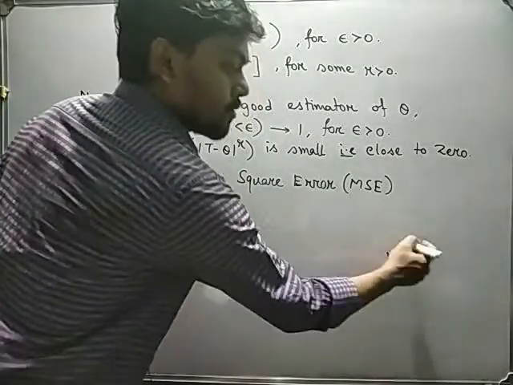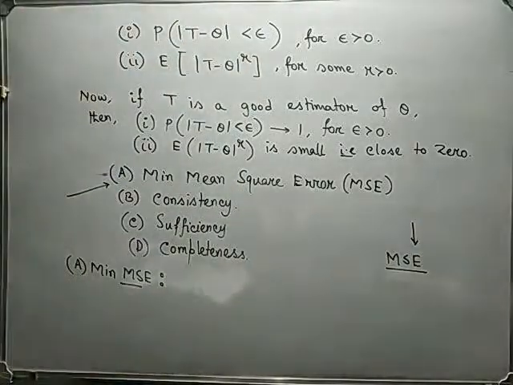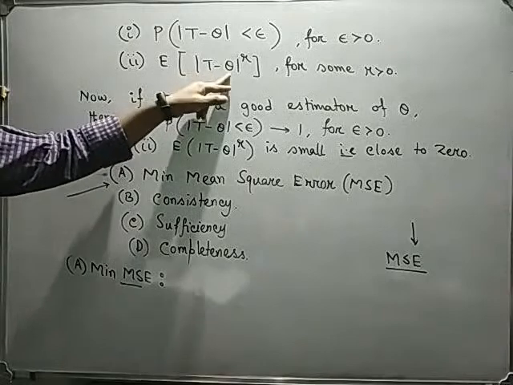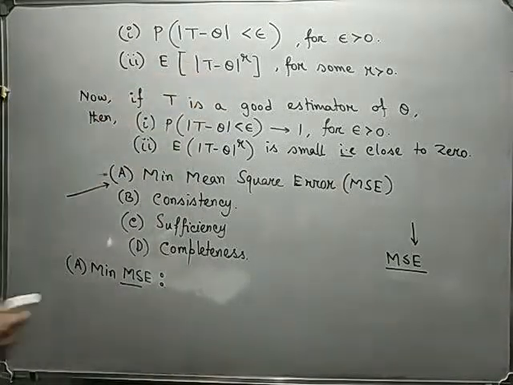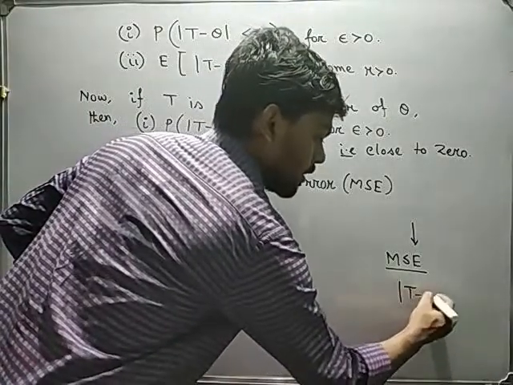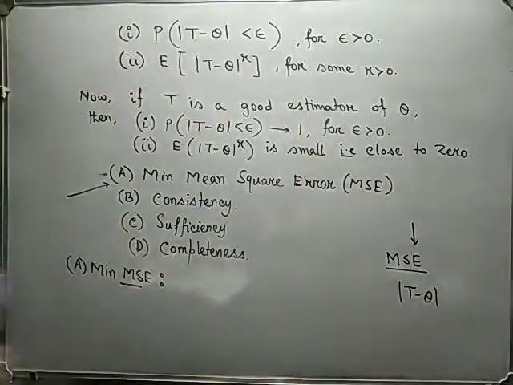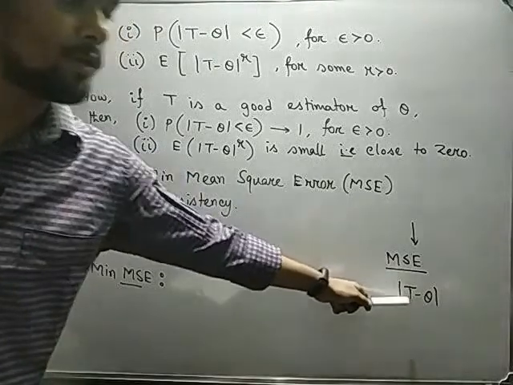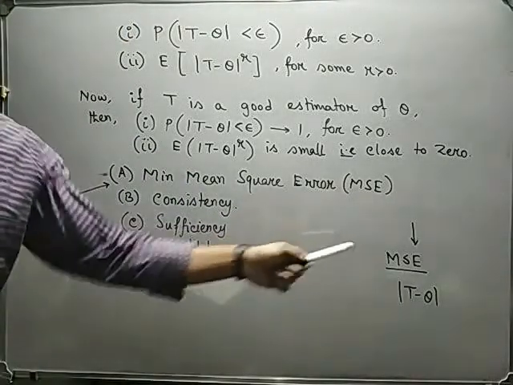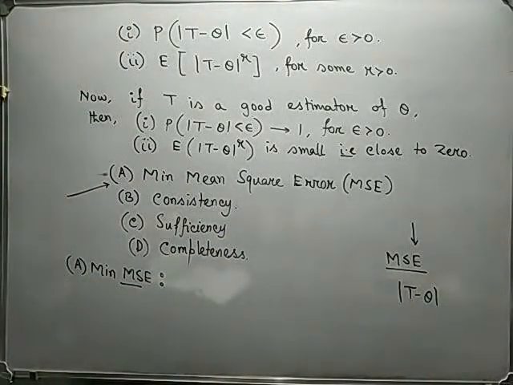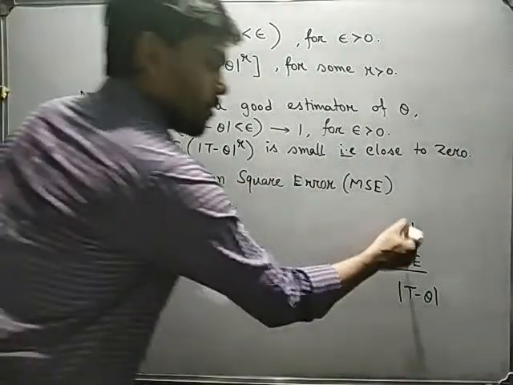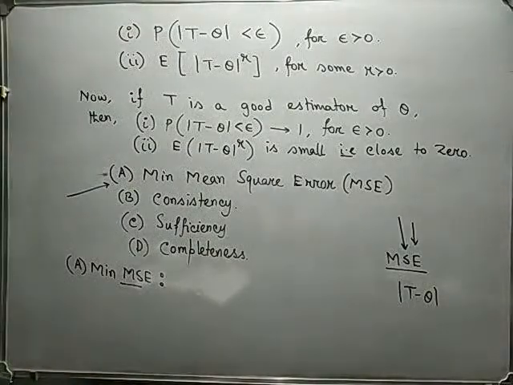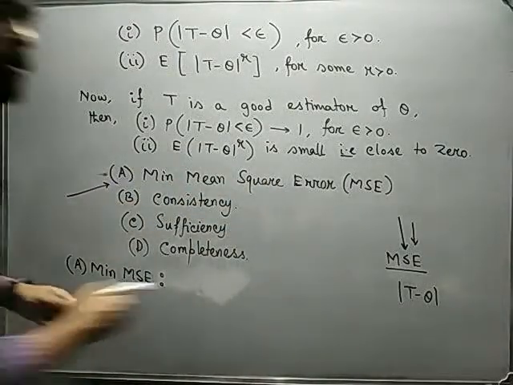First of all, we just have to get the error. What is error? We want to estimate theta using the value of capital T, so the error will be the distance between T and theta, like capital T minus theta, or modulus of capital T minus theta. So this is my error. And then for MSE, it is the square.